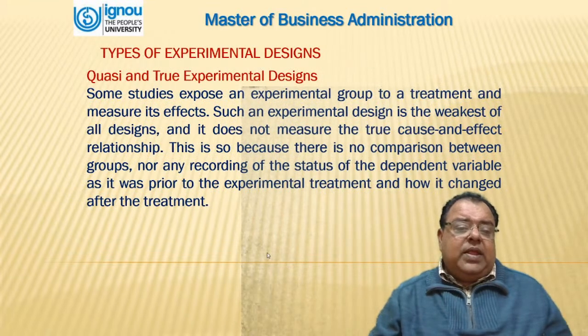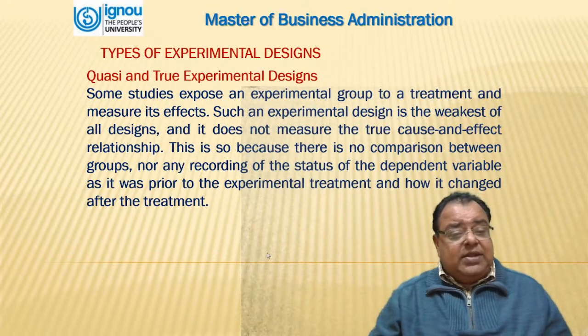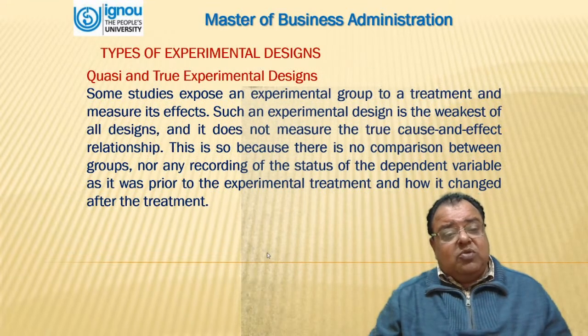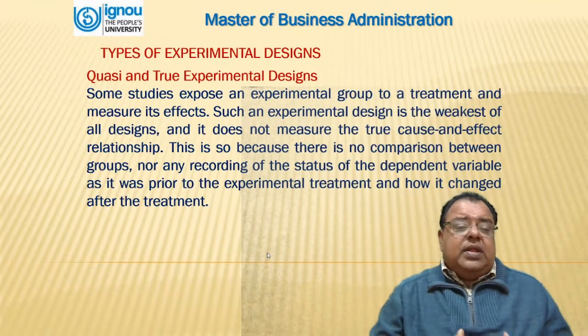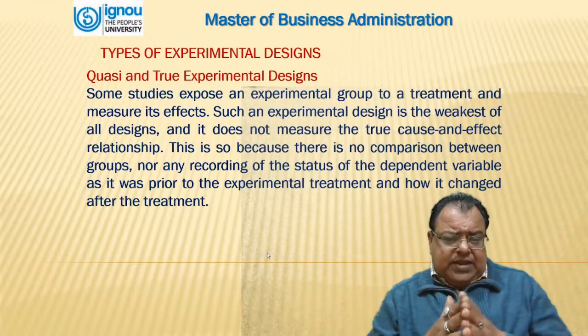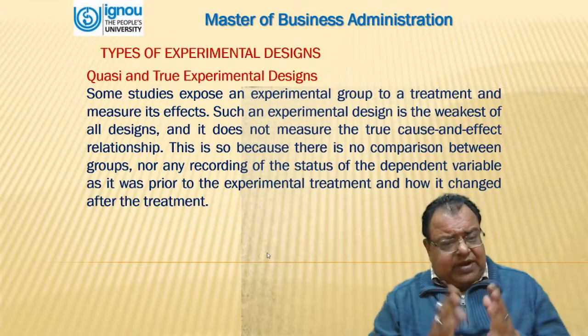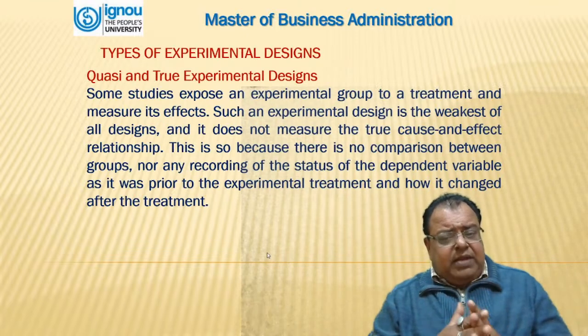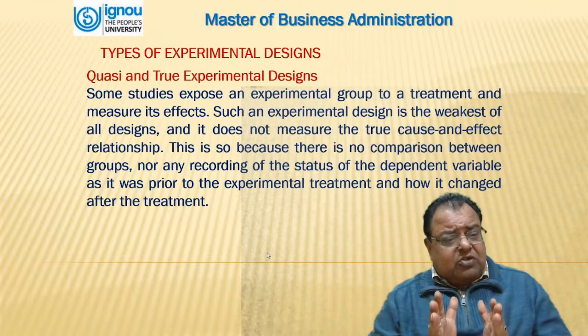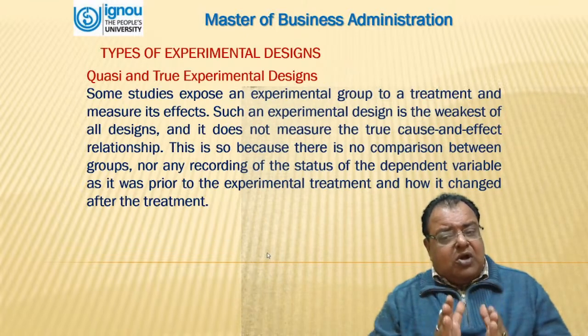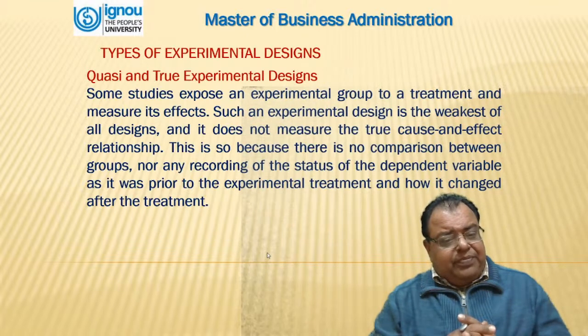Now, the types of experimental design, that is, quasi and true experimental design. Some studies expose an experimental group to the treatment and measure its effect. Such an experimental design is the weakest of all designs, and it does not measure the true cause and effect relationship.